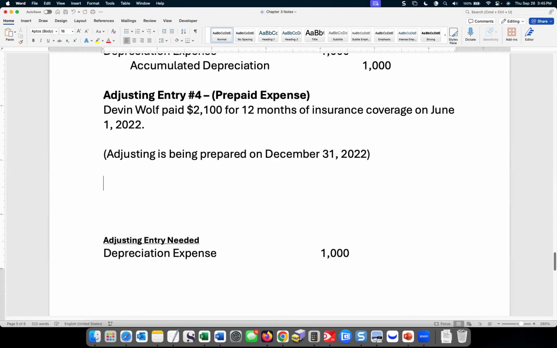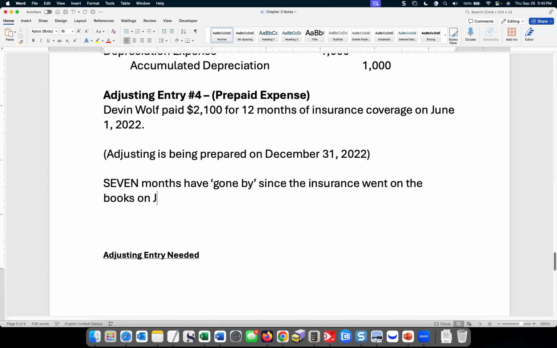So we're going to put that little blurb in there. 7 months have gone by since the insurance went on the books on June 1st to the end of the period of December 31st.